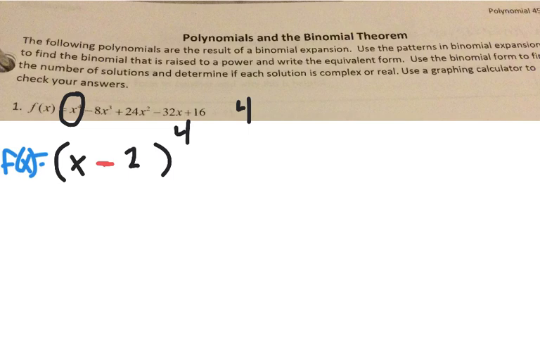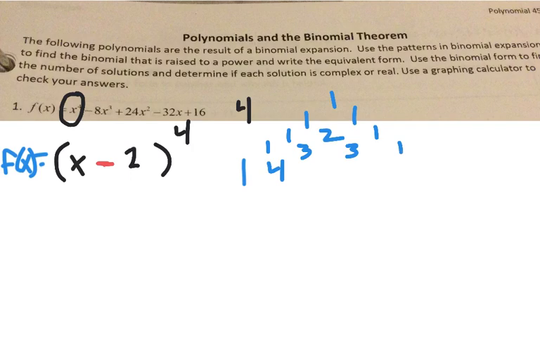It says a way we can check our work here is to rewrite this using Pascal's triangle to see what we would get. So because it's a 4th power, that would be 1, 4. So again, you could either go back and look at your Pascal's triangle: 1, 3, 3, 1.